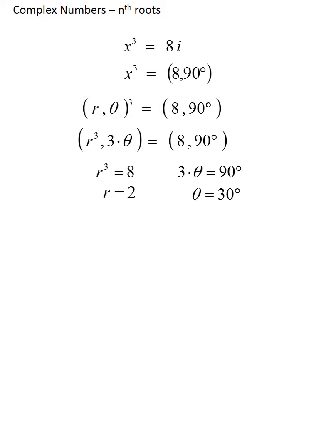Now, by the way, there is a slight comment that needs to be made here. Just because polar complex numbers are equal to each other doesn't necessarily mean that their individual components are. For example, here's two complex numbers that are equal to each other if you think about where they are in the complex plane, but clearly the two arguments are expressed in different ways.